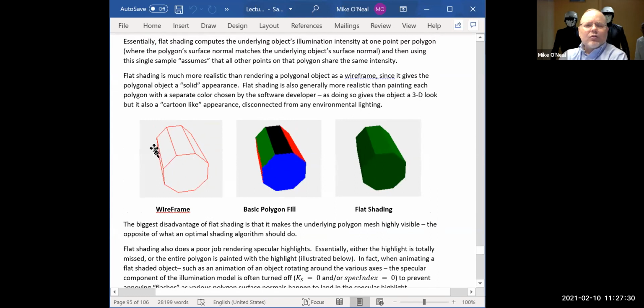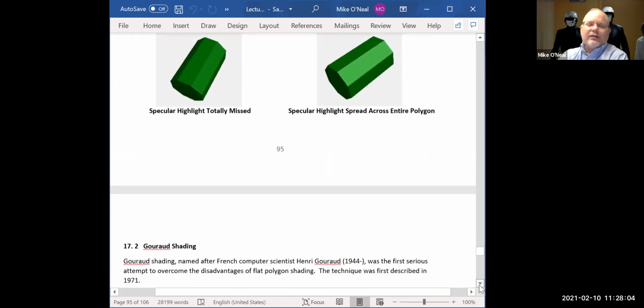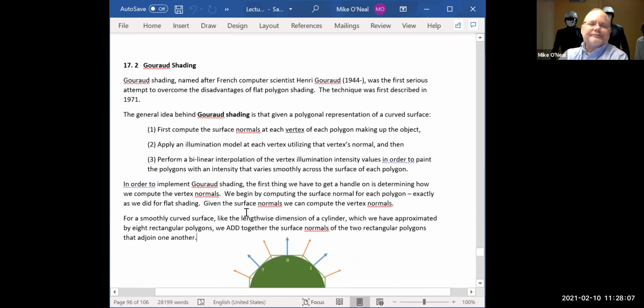So I have a surface normal here, a surface normal here, a surface normal here, and a surface normal here. So you might say, okay, so now I've got 4 vertex normals rather than just the one that I had under flat. So at least now I'm sampling the lighting at 4 points rather than at only 1 point.